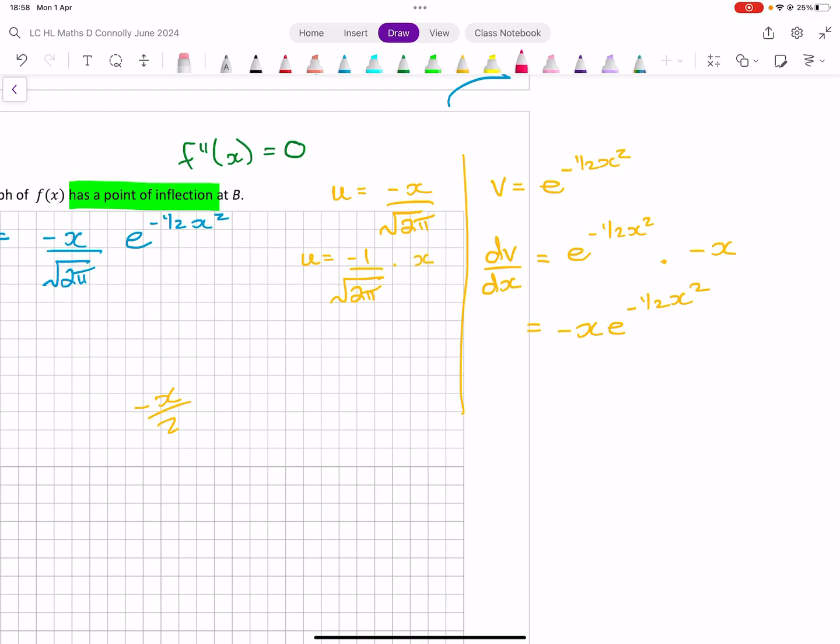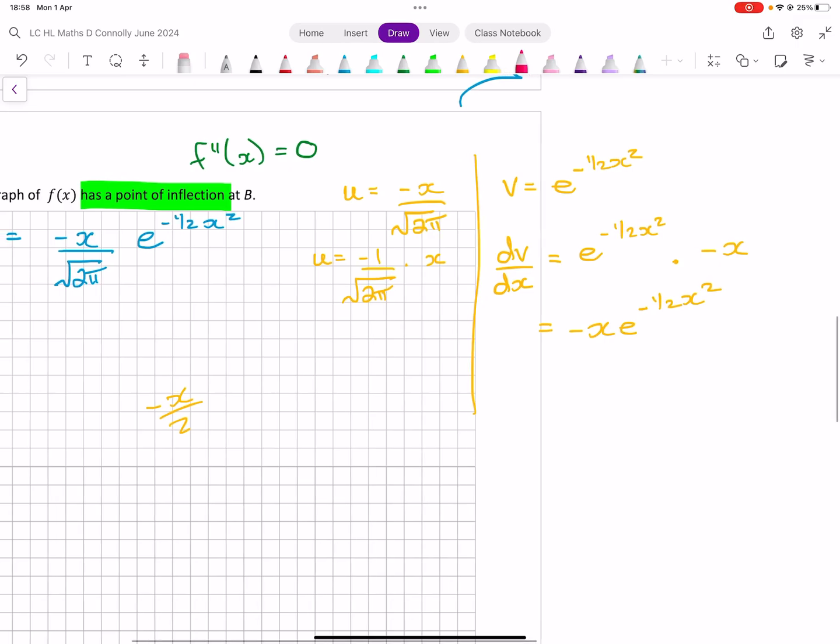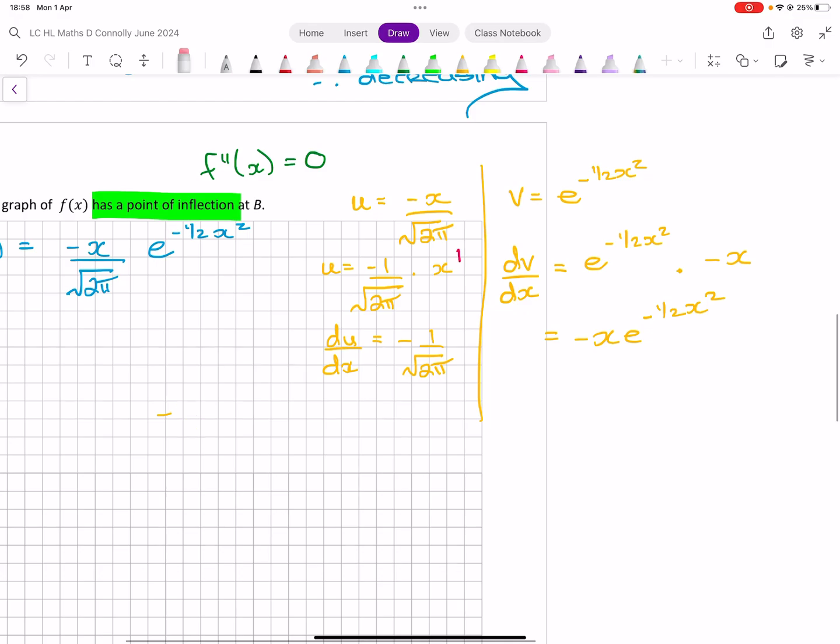You take the power down, so it is a 1, multiply it, and reduce the power by 1, so the x goes away. So du dx is just minus 1 over the square root of 2 pi. It's like if we had 6x and we were differentiating, it would just become 6. It just becomes the constant.